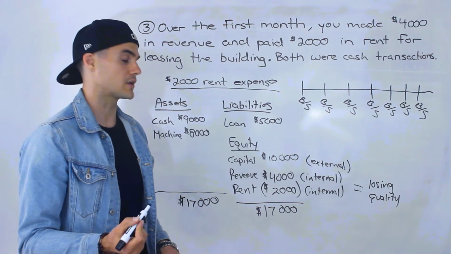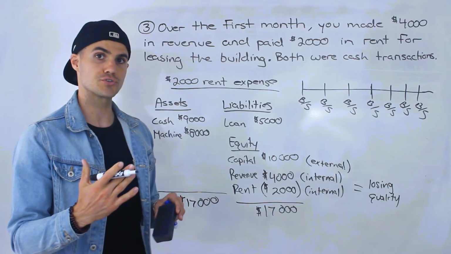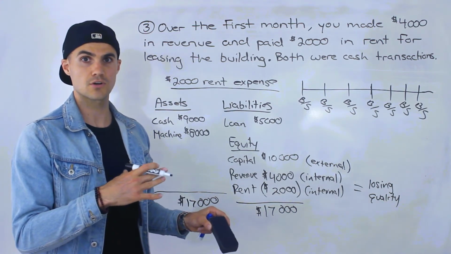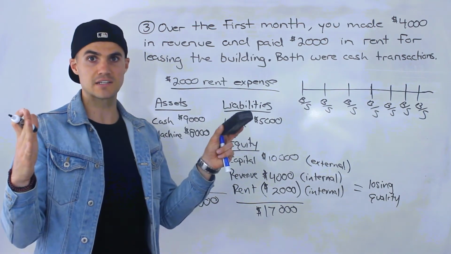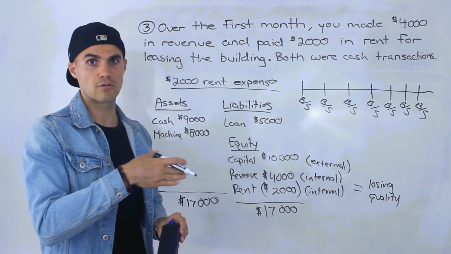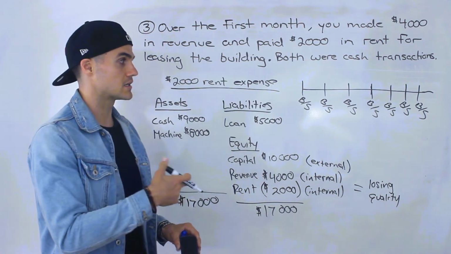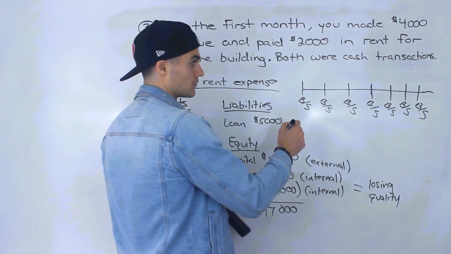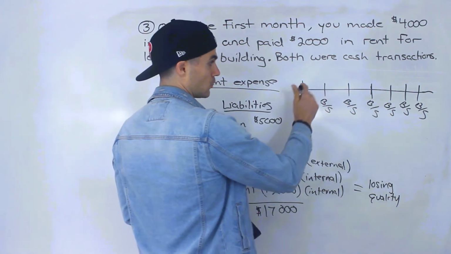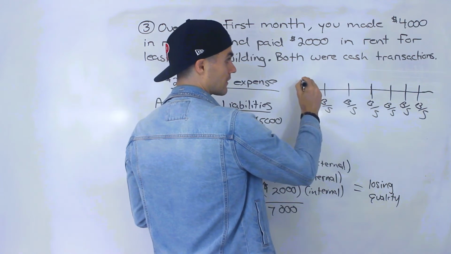Well, the first thing we can do is introduce some periods. If you remember, the periodicity assumption says that a company's life is broken down into periods, whether that is weeks or months or quarters or years. So let's say that we break down this timeline here into periods.